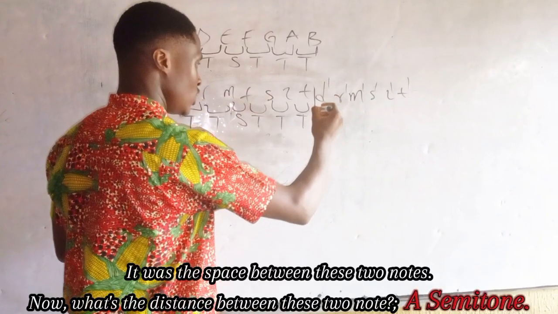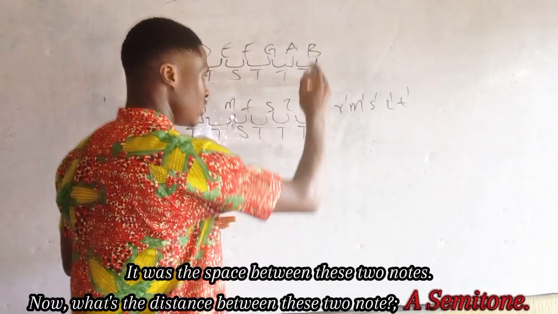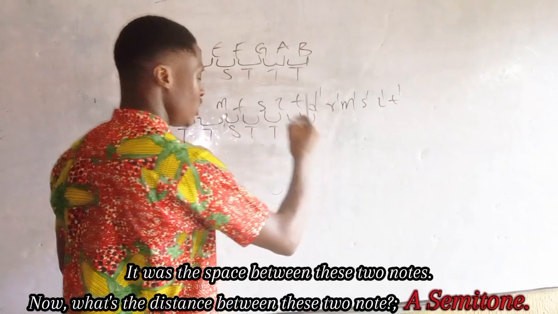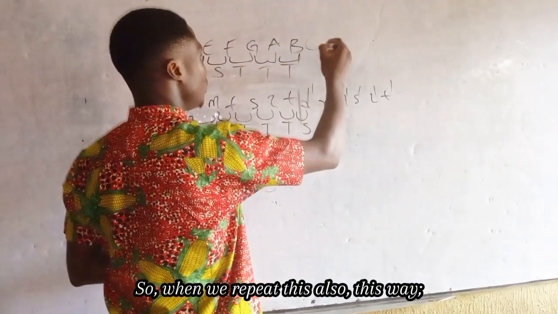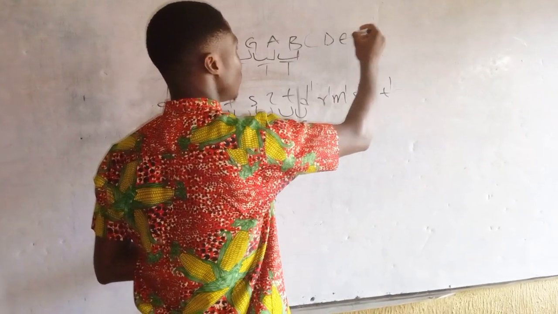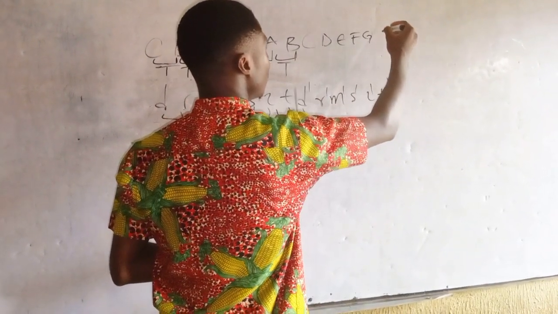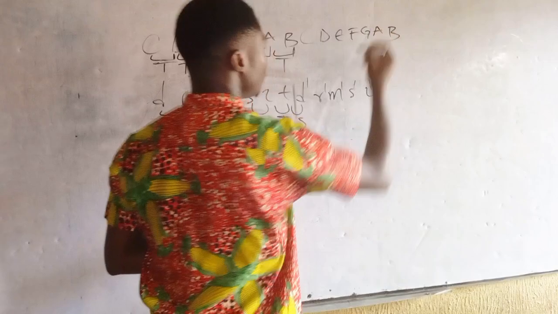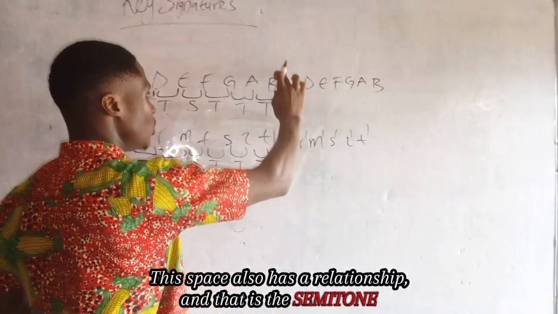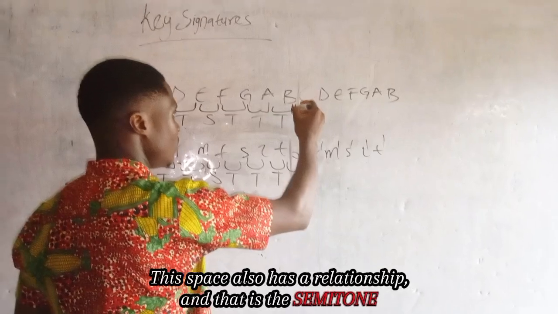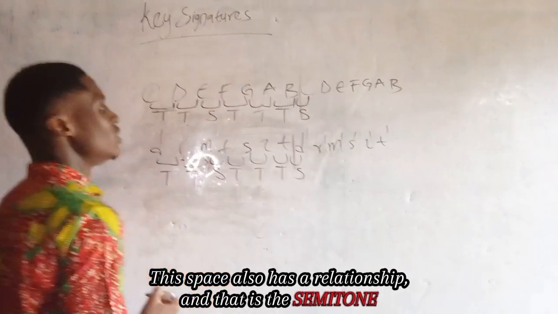It was the space between these two notes. What's the distance between these two notes? The semitone. So when we repeat this, this space also has a relationship, and that is the semitone.